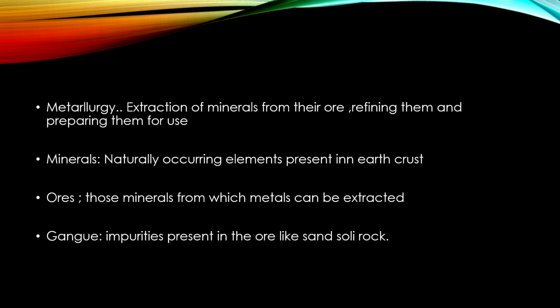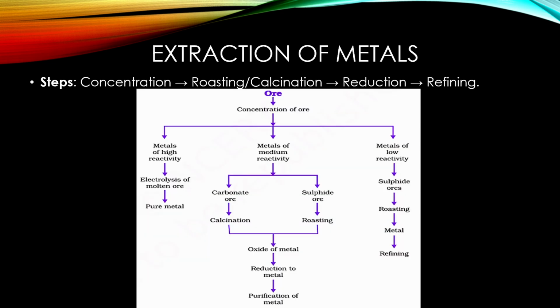Gangue is the impurities present in the ore, like sand, soil, rock, etc. Now, extraction of metals. The steps are concentrating, roasting or calcination, reduction, and refining. Roasting and calcination are the most often asked questions.